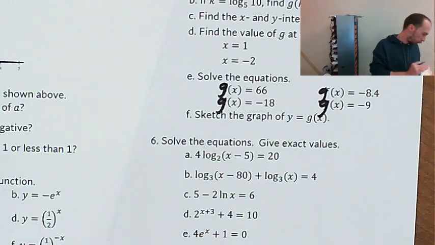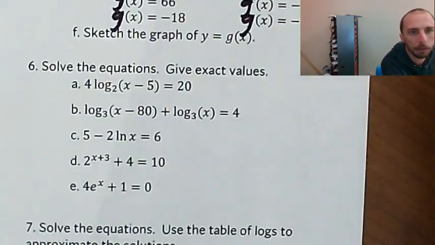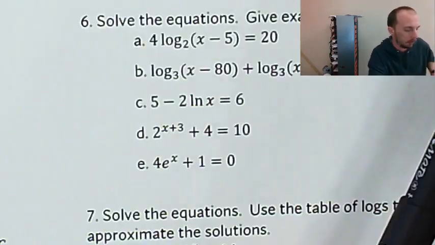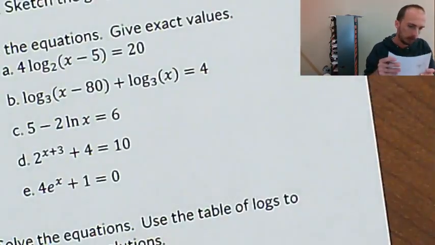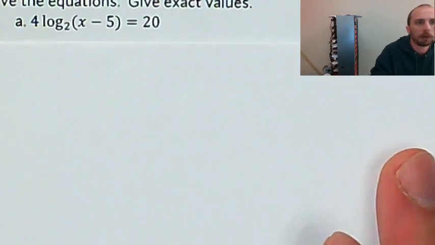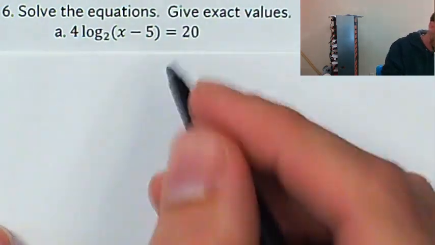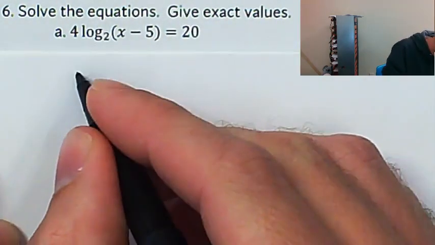Okay, so number 6, we're just going to solve some log equations. Yeah. 4 times log base 2 of x minus 5 equals 20. And we're going to give exact values for this. So I need to isolate the log, divide both sides by 4.